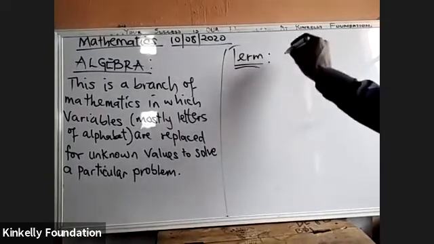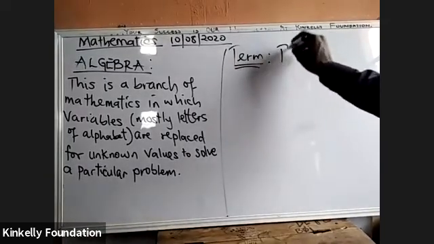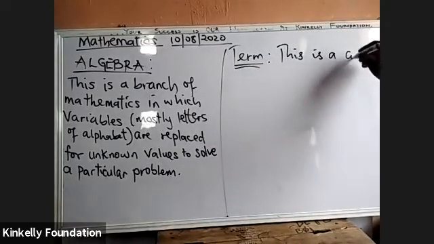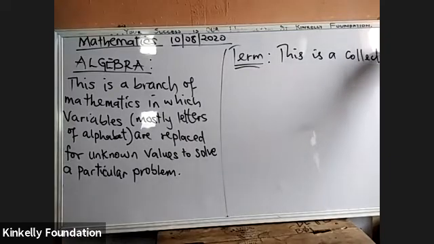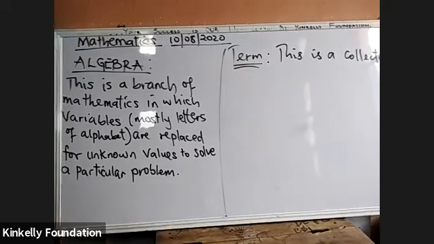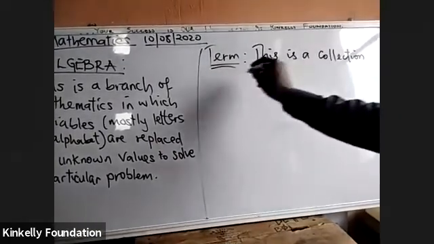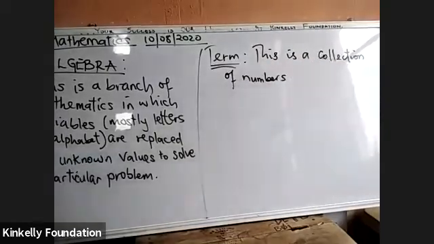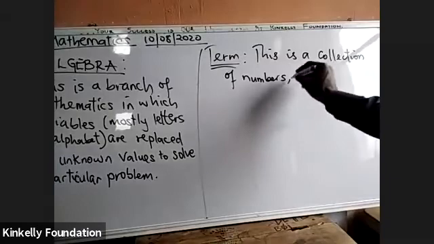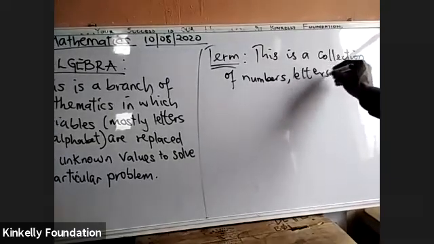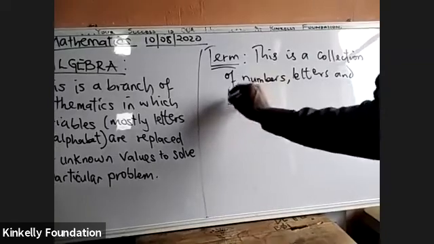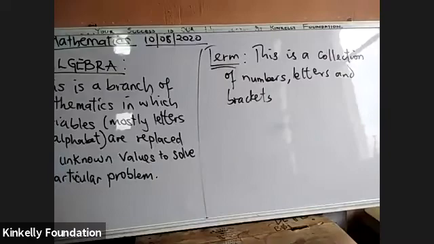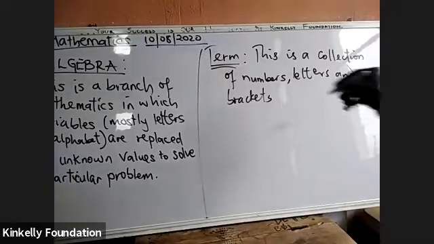A term is a collection of numbers, letters, and brackets which are all multiplied or divided together.